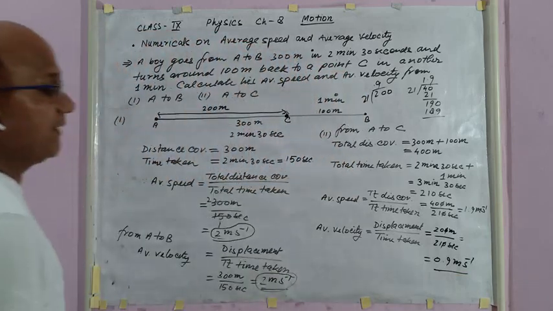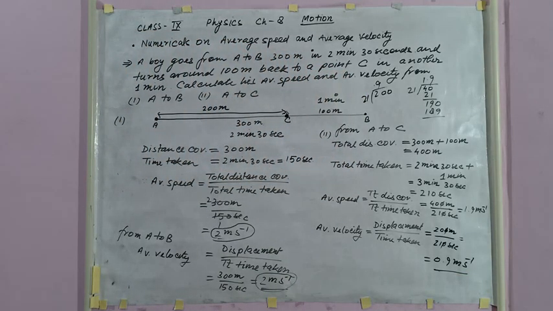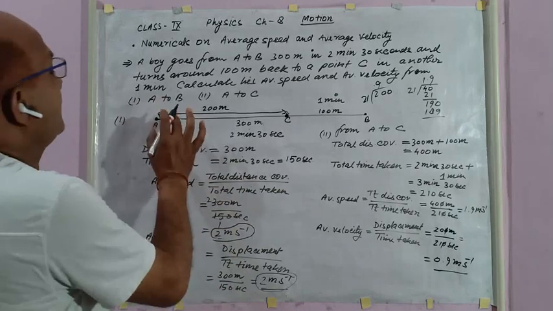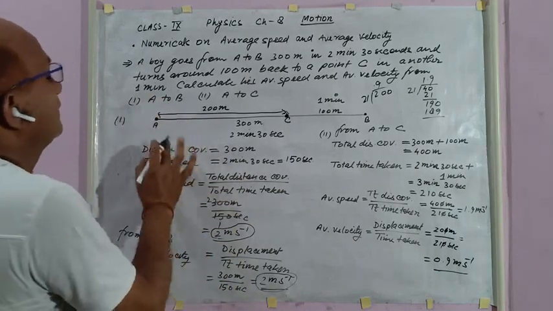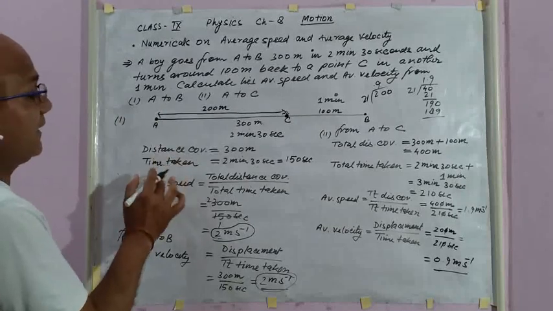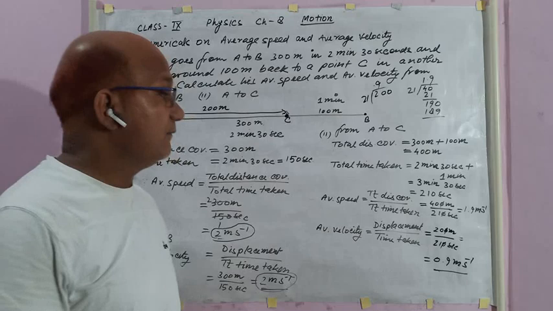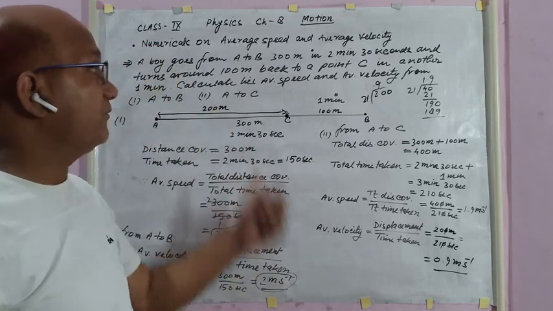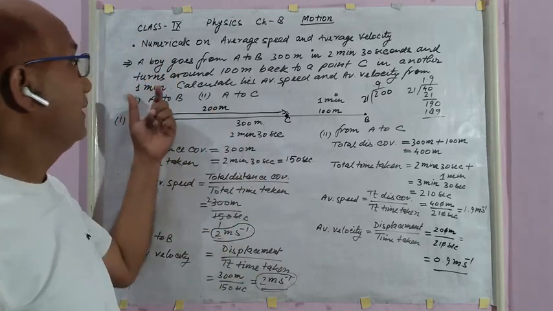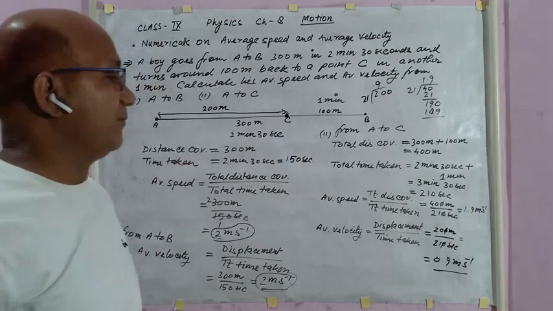This is average velocity from A to C. So in this way we can clear the things: in what way we can calculate average speed and in what way we can calculate average velocity in any given numerical problem.